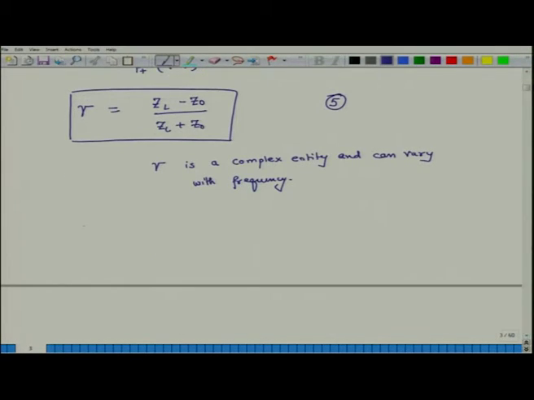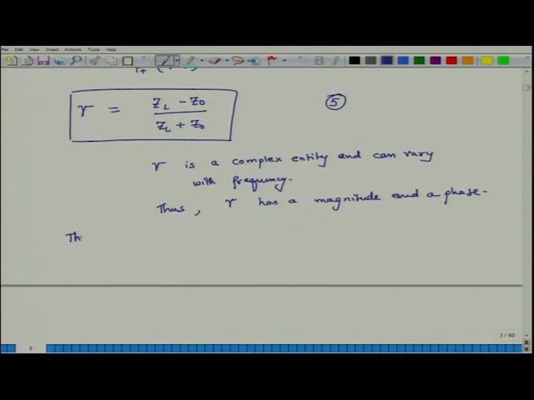So, if that is the case, we can say that gamma has a magnitude and a phase.